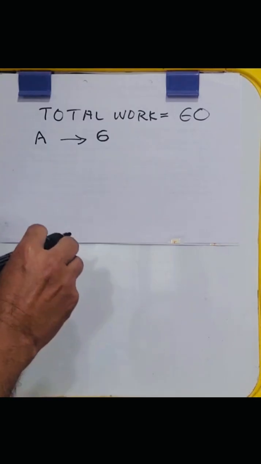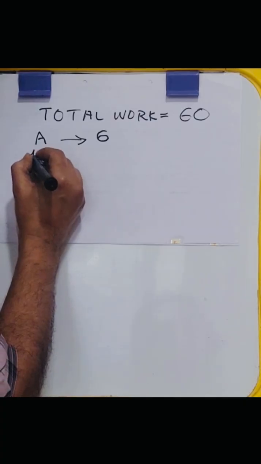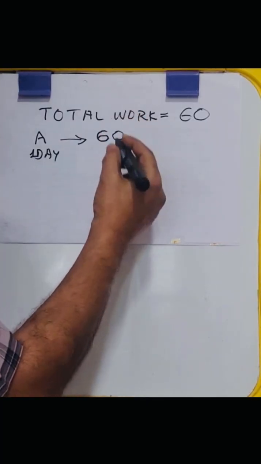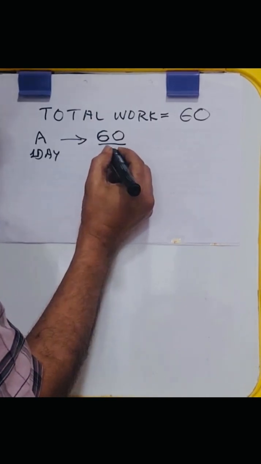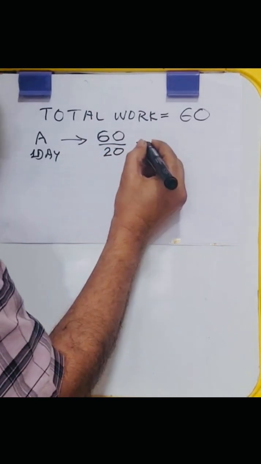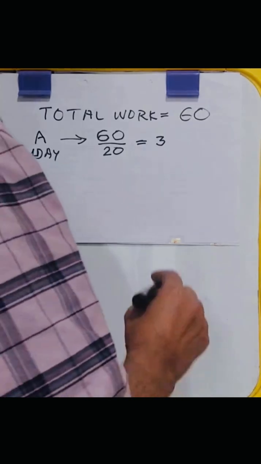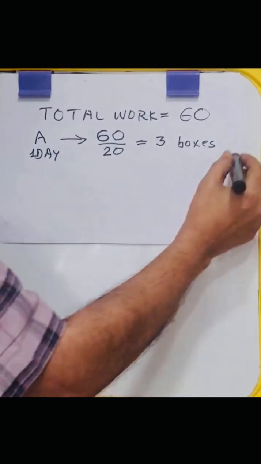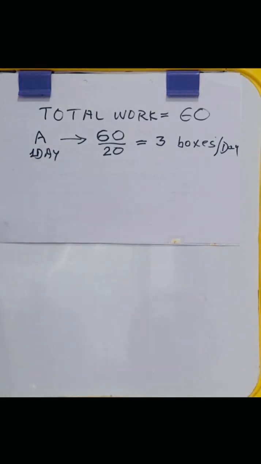So how many boxes can A do in one day? A in one day is equal to 60, the total work, divided by the 20 days he takes. That means it is 3 boxes per day. So A can shift 3 boxes in a day.